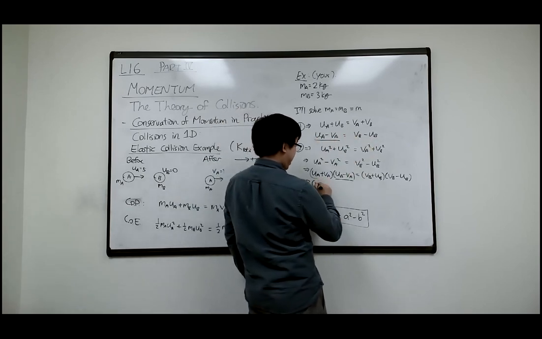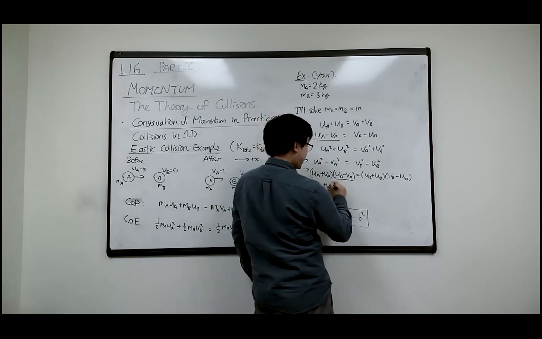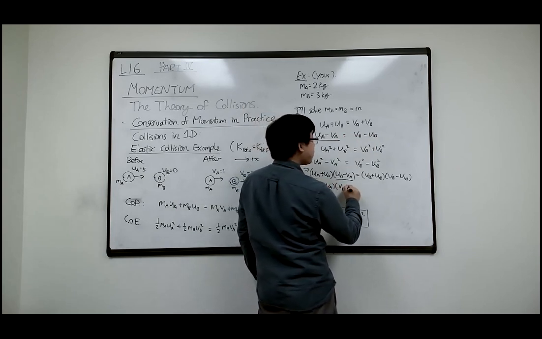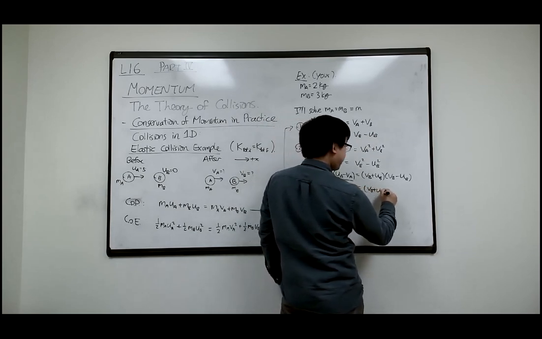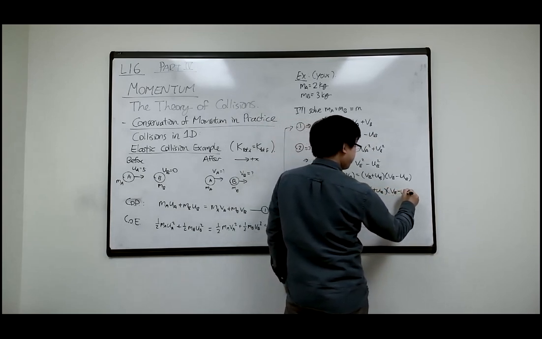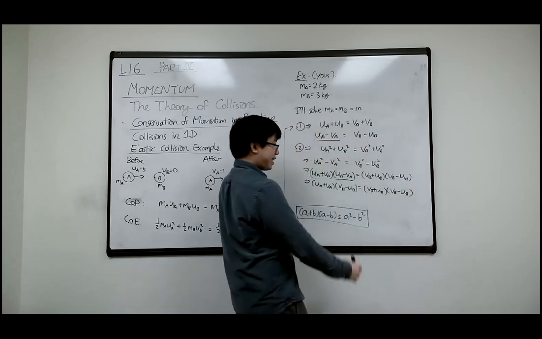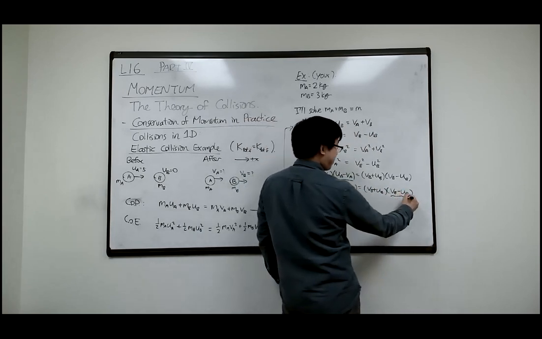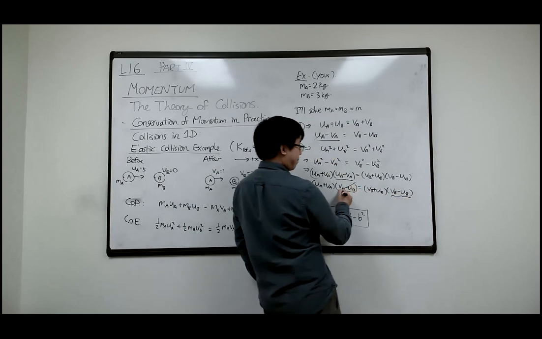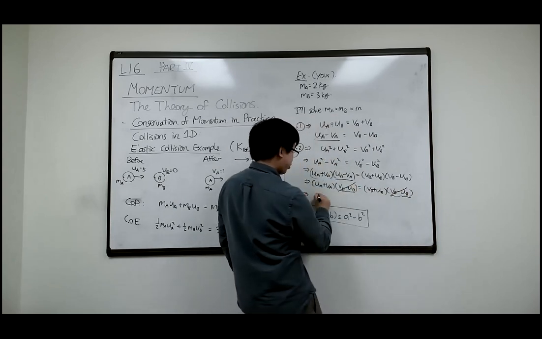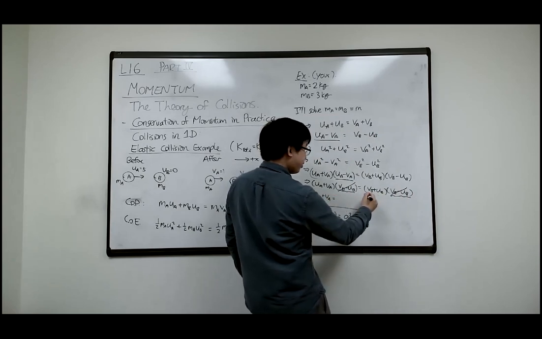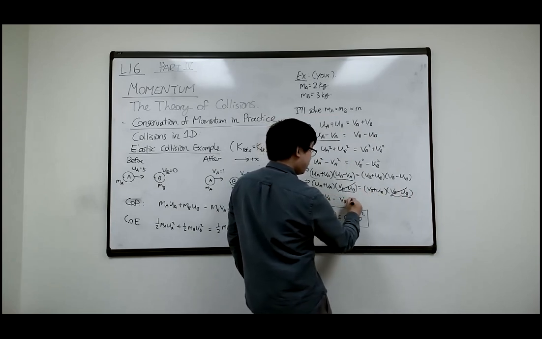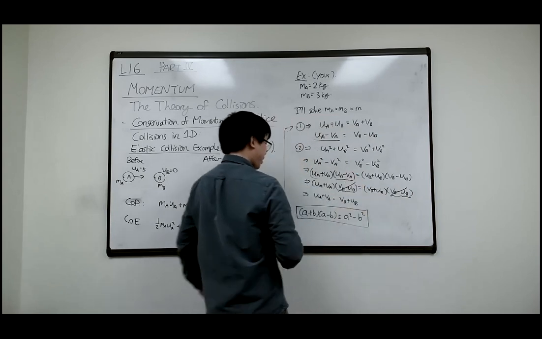So we have UA plus VA times VB minus UB equals VB plus UB times VB minus UB. Okay. And now you also spot this is the same as this. Okay. And that means these will cancel out. And this tells me UA plus VA equals VB plus UB.